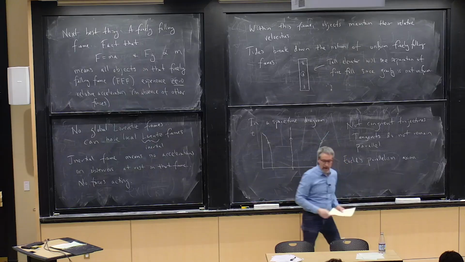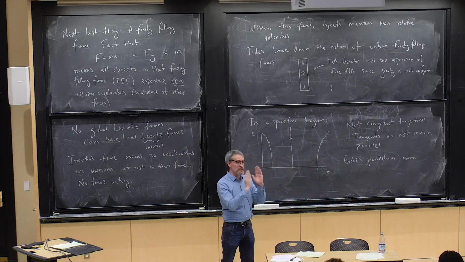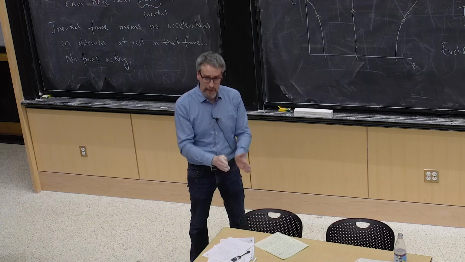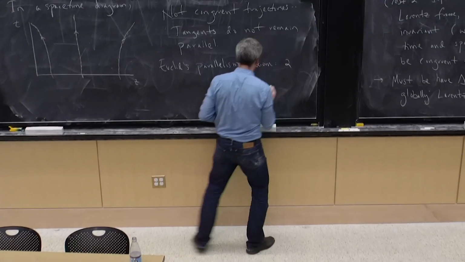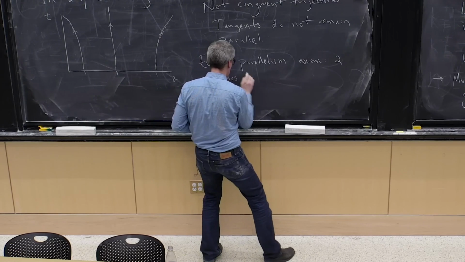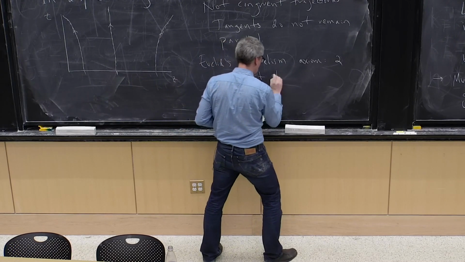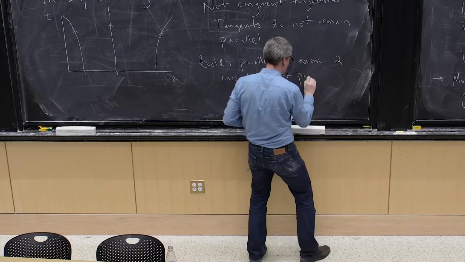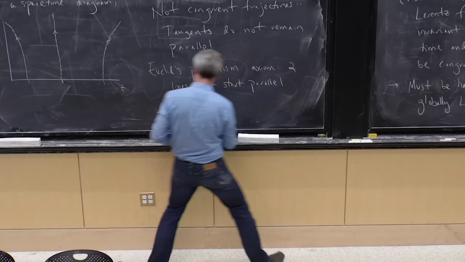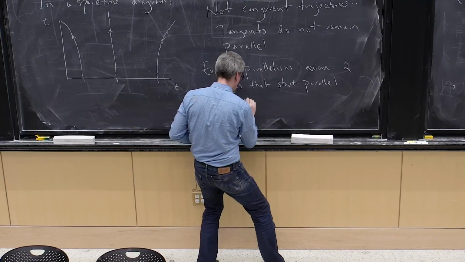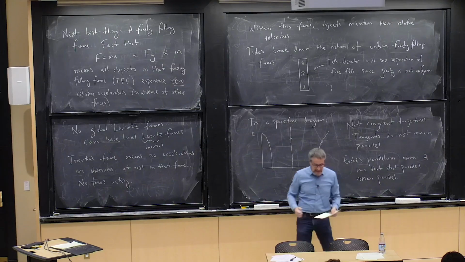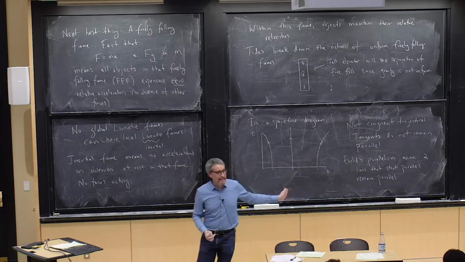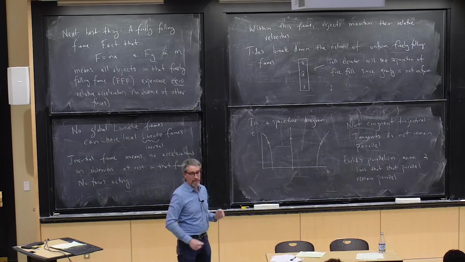And it states that if I have two lines that start parallel, they remain parallel. If you dig into the history of mathematics, this axiom bugged the crap out of people for many, many years.